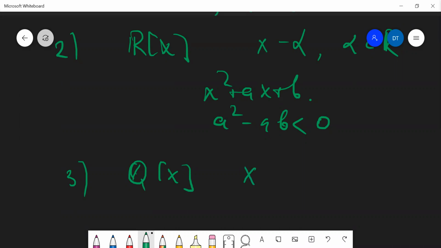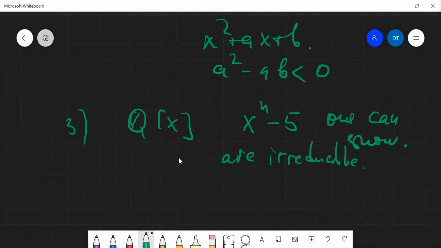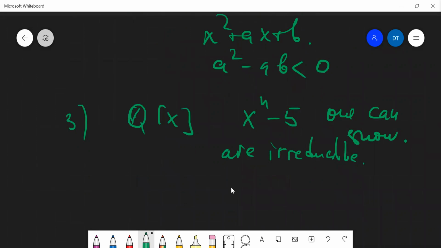For example, if you take x to the n minus 5, where 5 is a prime number, then one can show, it's not immediate but it's not hard, that all these polynomials for each n are irreducible. These are not all the irreducible polynomials of Q of x, but this is an example of an irreducible polynomial of an arbitrary degree over the rational numbers.